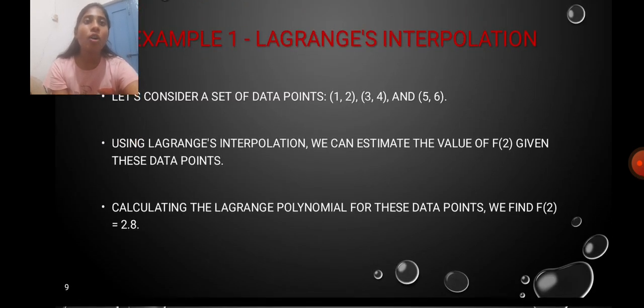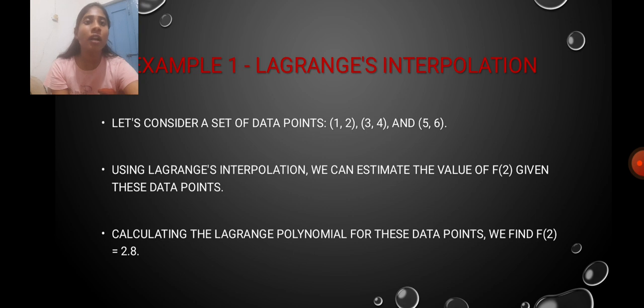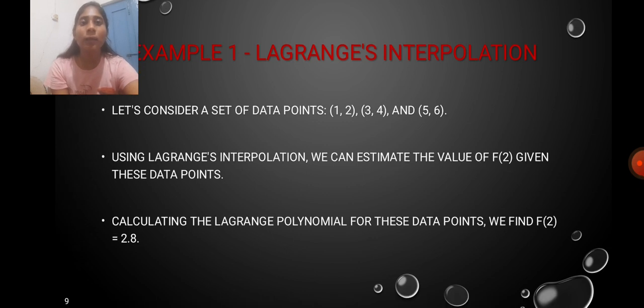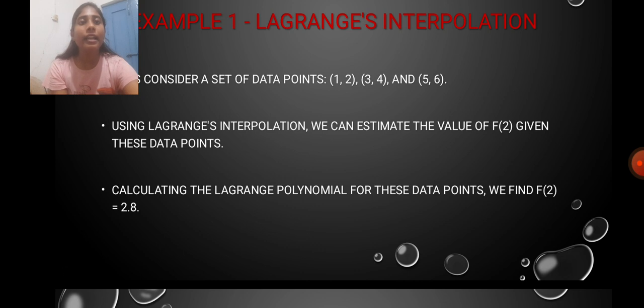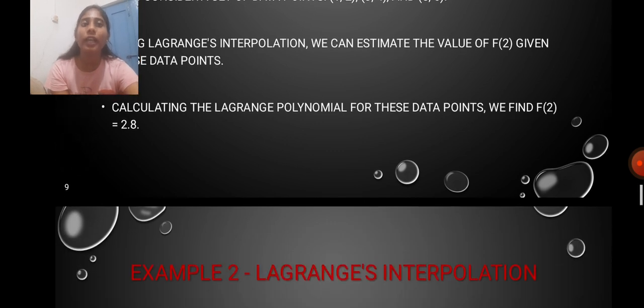Some examples of Lagrange's interpolation are: let's consider the set of data points as (1, 2), (3, 4) and (5, 6). Using Lagrange's interpolation, we can estimate the value of f(2) given the data points. Calculating the Lagrange polynomial of these data points, we can find f(2) equals 2.8.